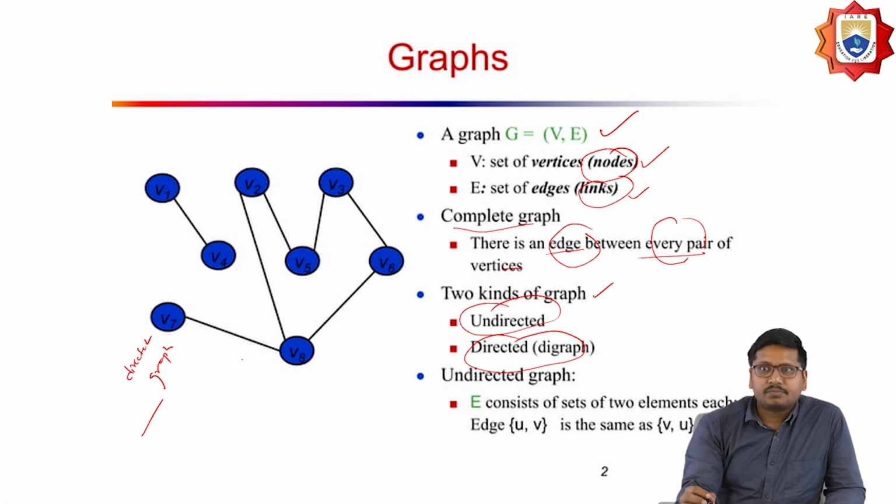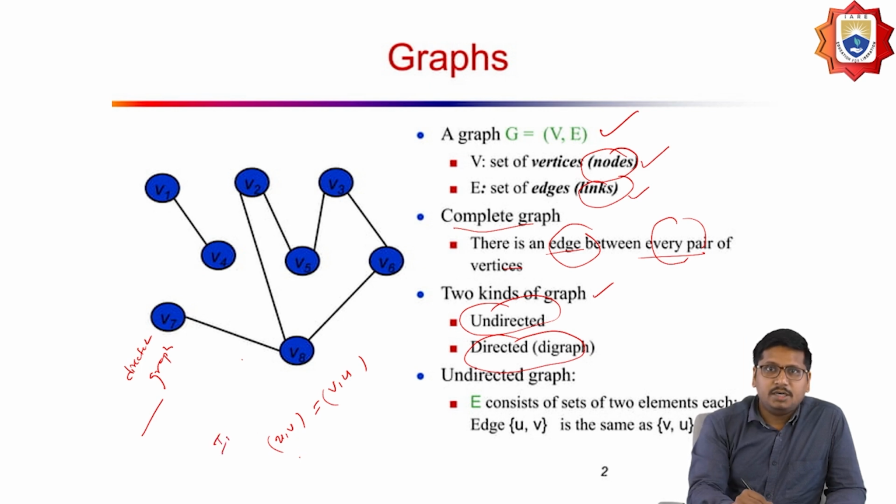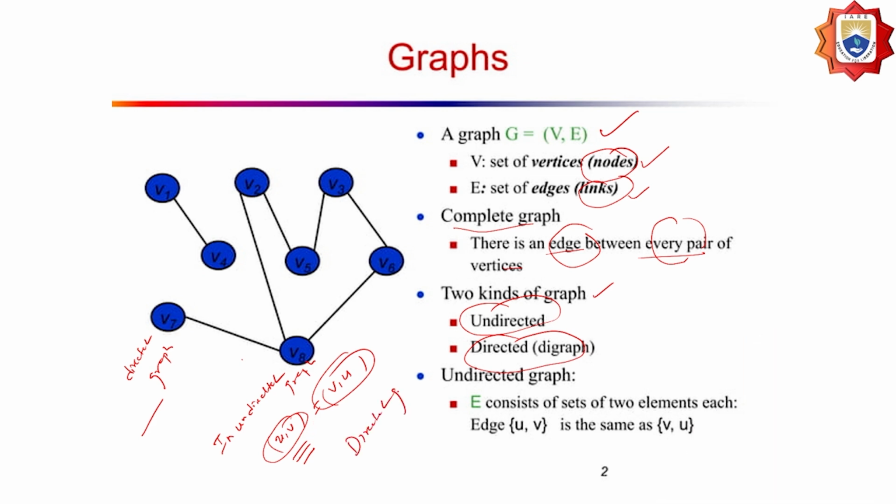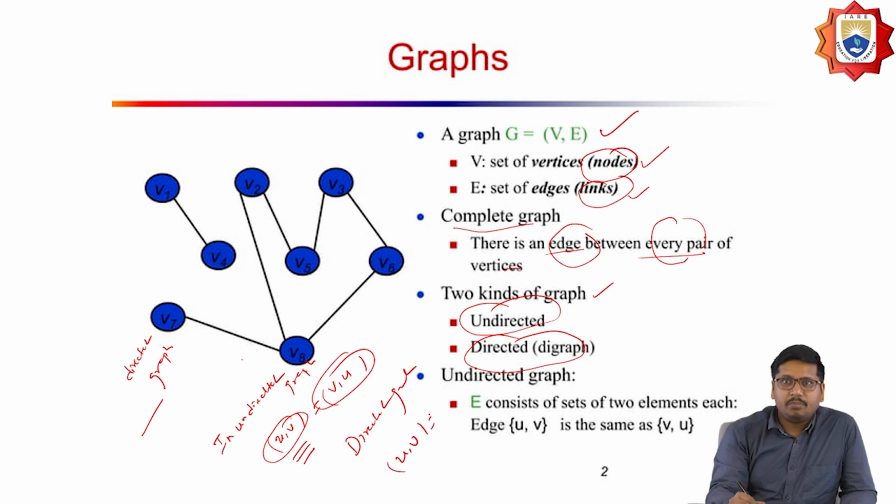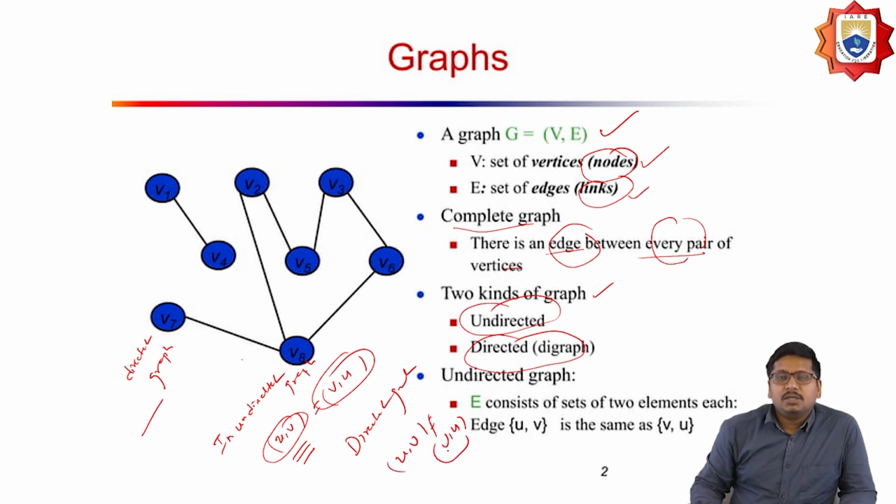So in an undirected graph, the edge UV should be the same as VU as well. Whereas in a directed graph, the edge UV may not be equal to VU.